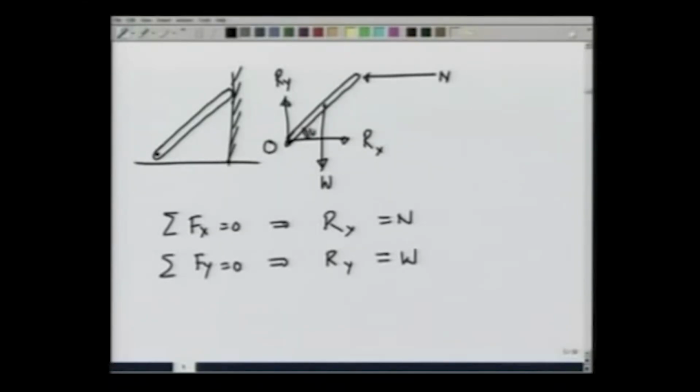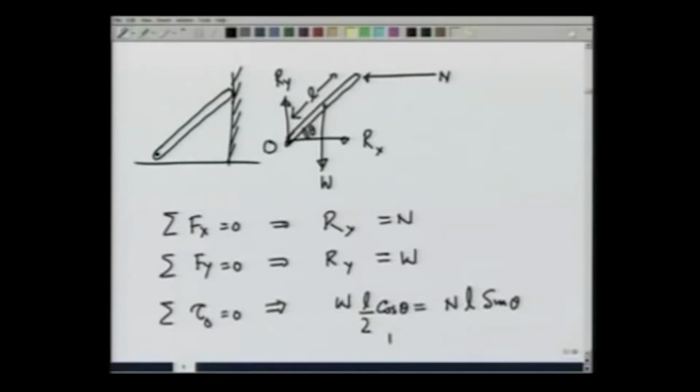If this angle is theta and the length is L, then summation of torque about O equal to 0 gives W times L over 2 cosine theta is equal to N times L sin theta, or N equals W cotangent theta divided by 2.